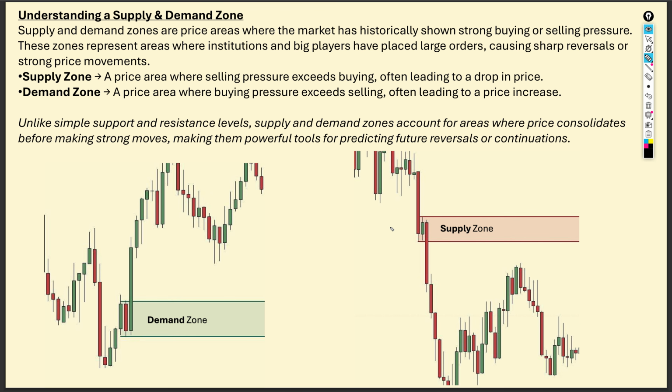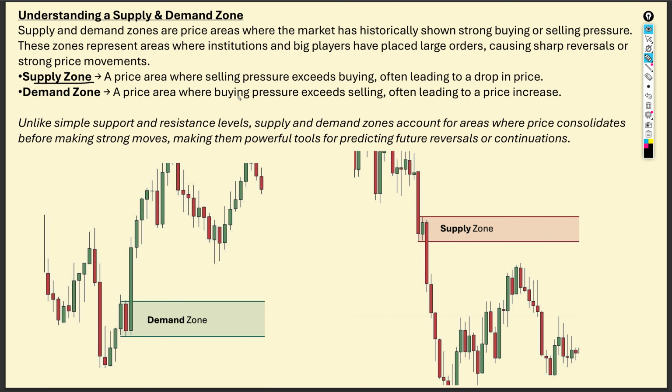The reality is myself and every person listening to or watching this video don't have the buying power to make price shoot off like this for a demand zone or shoot off like that for a supply zone. So what this essentially is, it's footprints on the price chart for the big players, the big institutions, where they are buying and selling.